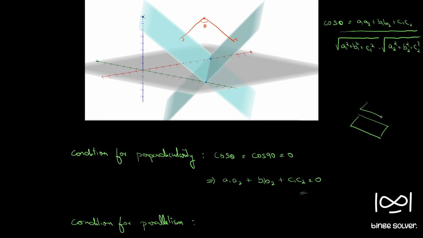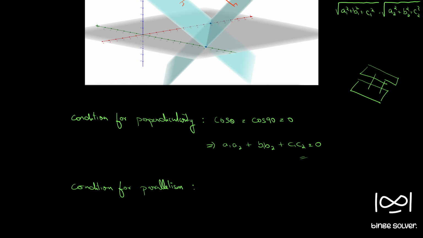When we have two parallel planes like this, direction ratios of the perpendicular will be the same, or we can say that a1 by a2 equal to b1 by b2 equal to c1 by c2. If this is the case, we can say that the two planes are parallel to each other.